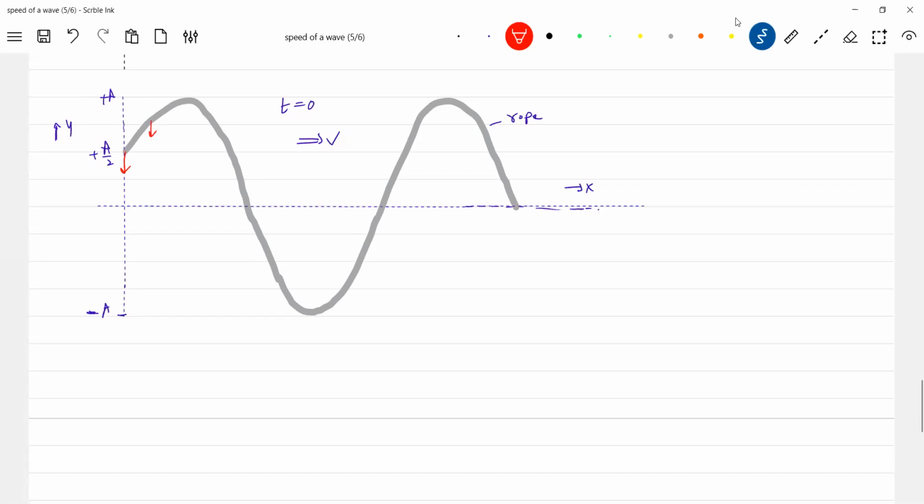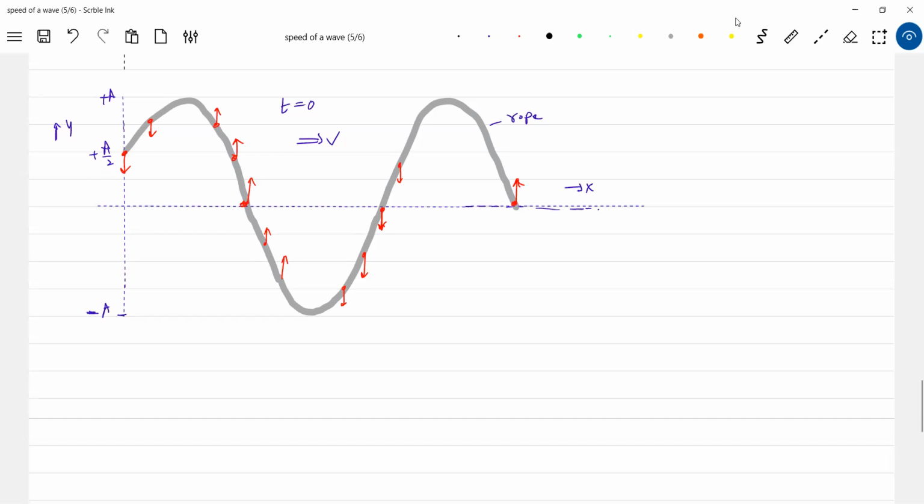They should move like this. Just for convenience, the different points on a rope should be moving like this at t equals 0. Not at every instant of time. At t equals 0, it will be like this. This is a by 2.